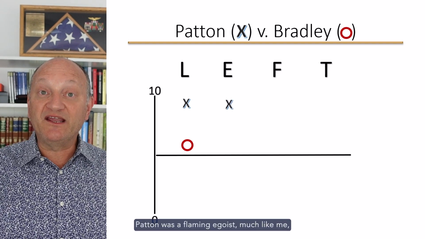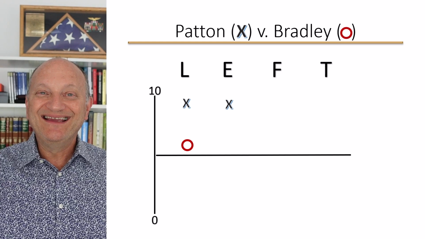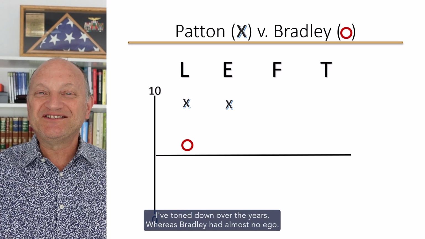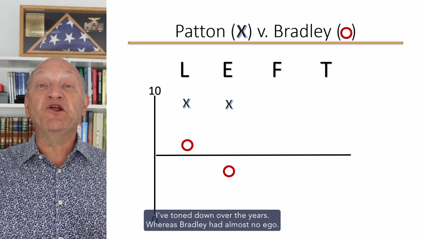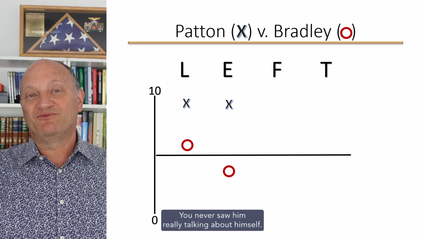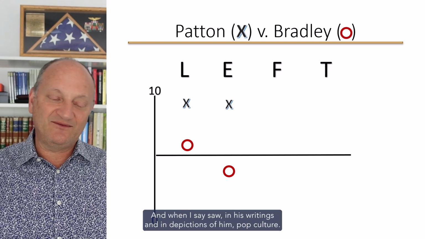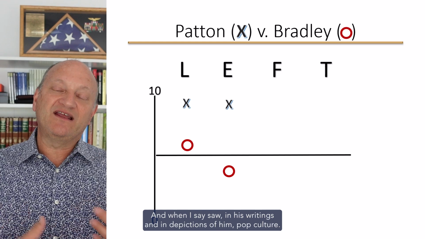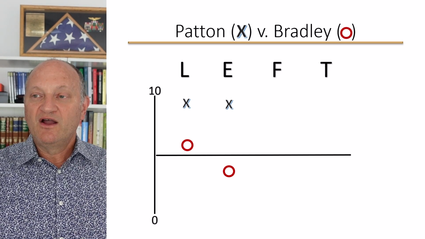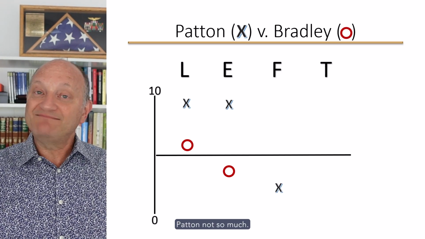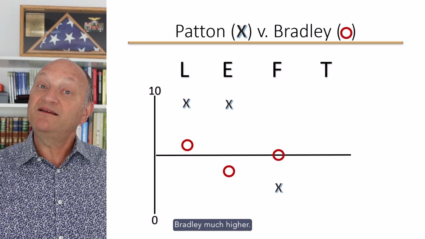Patton was a flaming egoist, much like me. I've toned down over the years, whereas Bradley had almost no ego. You never saw him really talking about himself, and when I say saw, in his writings and in depictions of him, pop culture. Okay, friend type, Patton, not so much. Bradley, much higher.